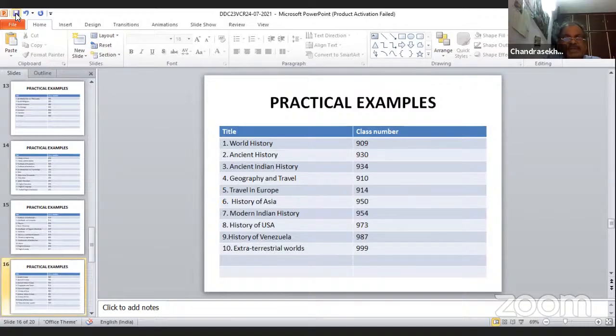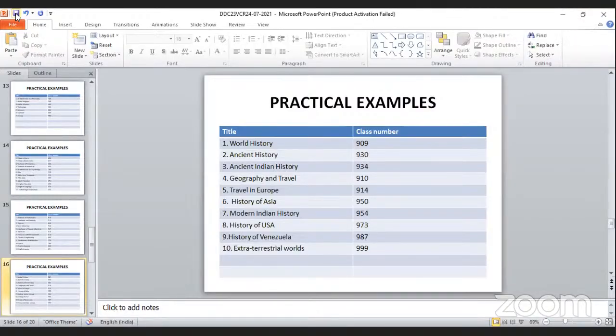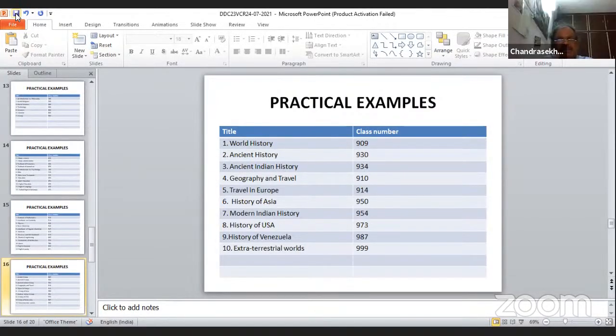So whatever the terms are there, you have to take care of those terms in the title. So ancient history, the word ancient is there before the history. So you have to take it as ancient history, 930. So 934 is ancient history of South Asia.